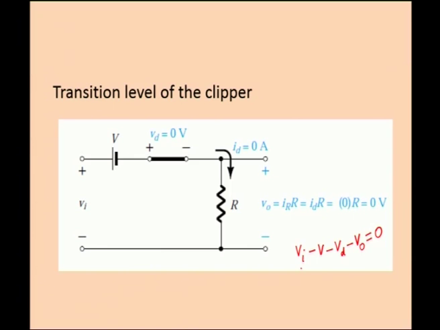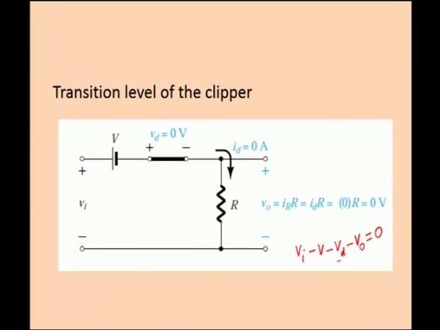Vi is the input voltage and V is the DC supply given in the circuit, and Vd is the diode voltage, and Vout, Vo is the output voltage. This is by KVL, Kirchhoff's voltage law.